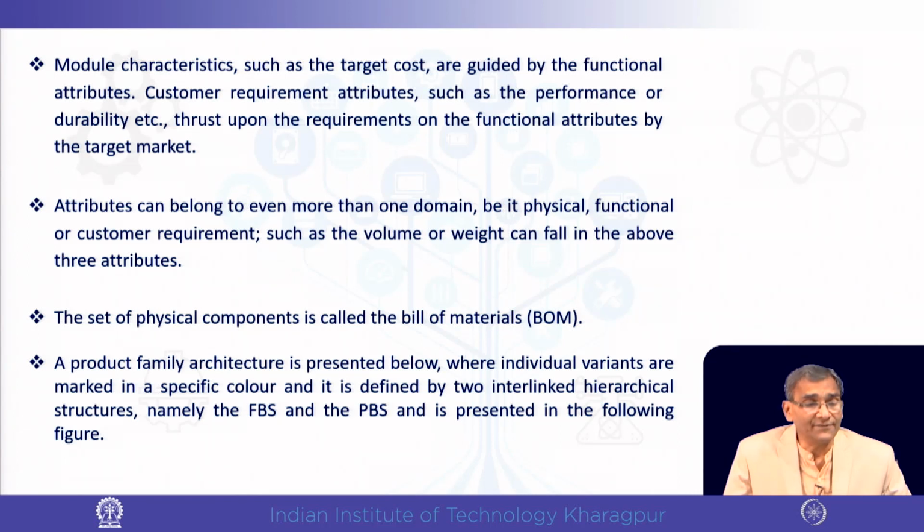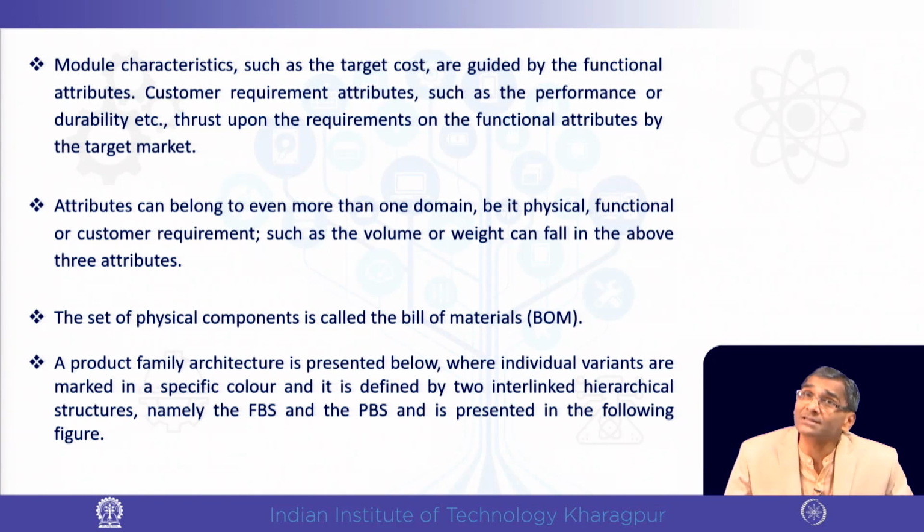These are guided by the functional attributes, customer requirement attributes such as the performance of a product, its durability, how long it will endure, how reliable it will be, reliability in functioning, how robust it is. So, these are the customer requirement attributes. These are thrust upon the functional attributes by the target market.